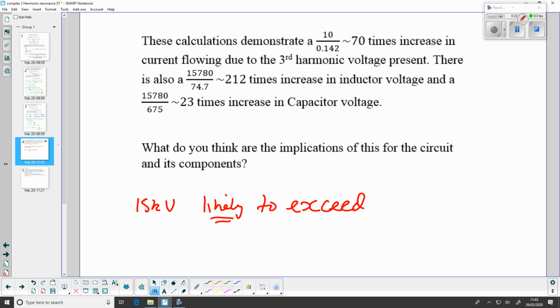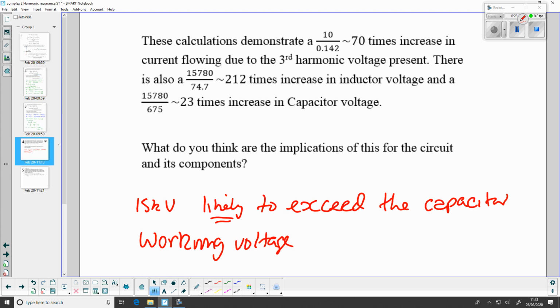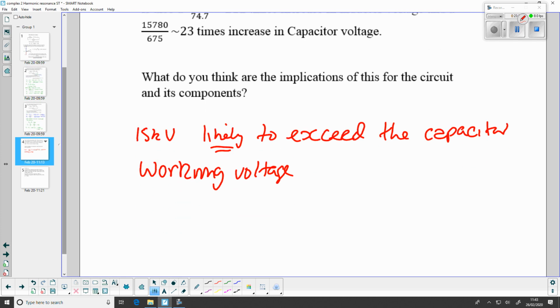Kilovolts across the capacitor, possible insulation breakdown.